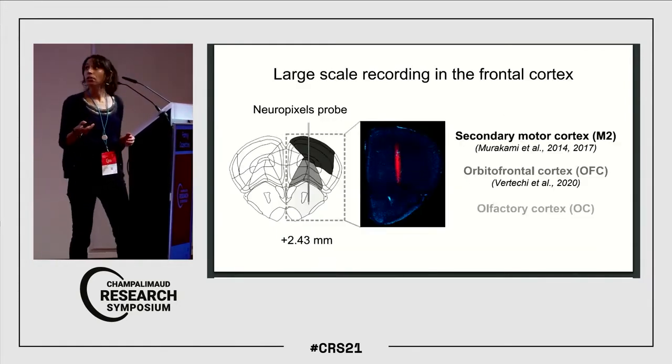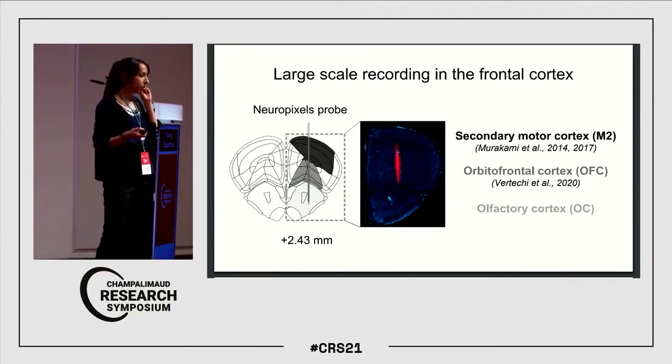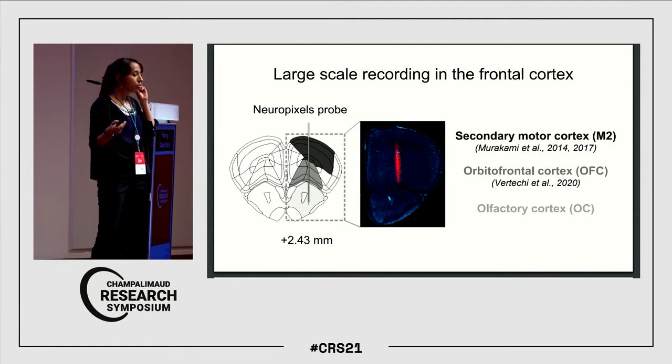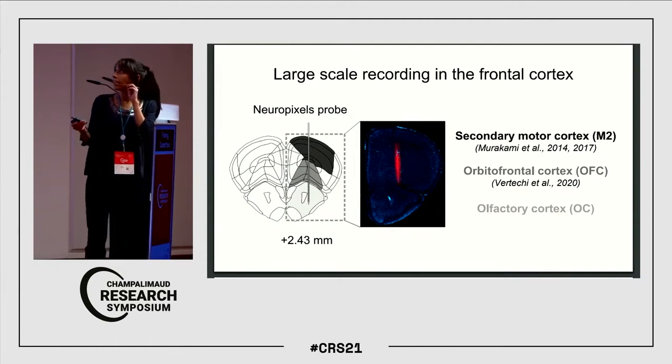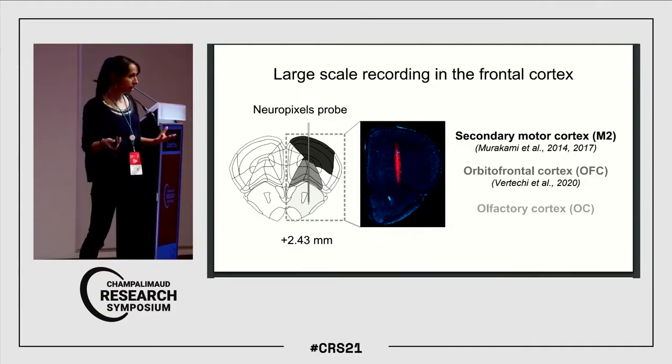So to address this question, I performed a large-scale recording using Neuropixels in the frontal cortex of the mouse, and I targeted the secondary motor cortex, which is a premotor region that is known to be important for evidence accumulation and action selection.